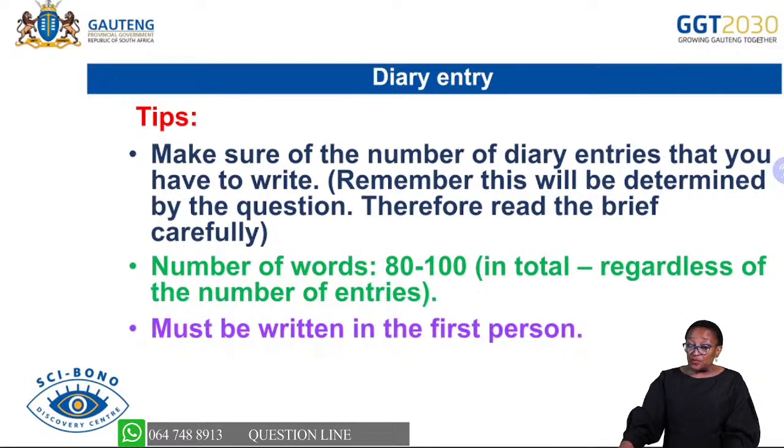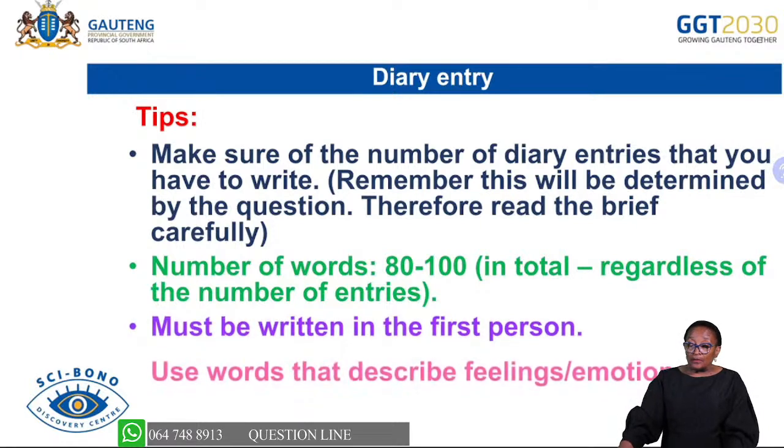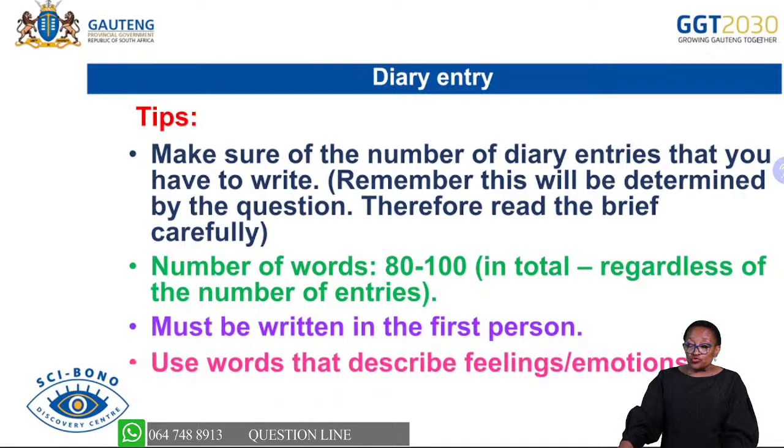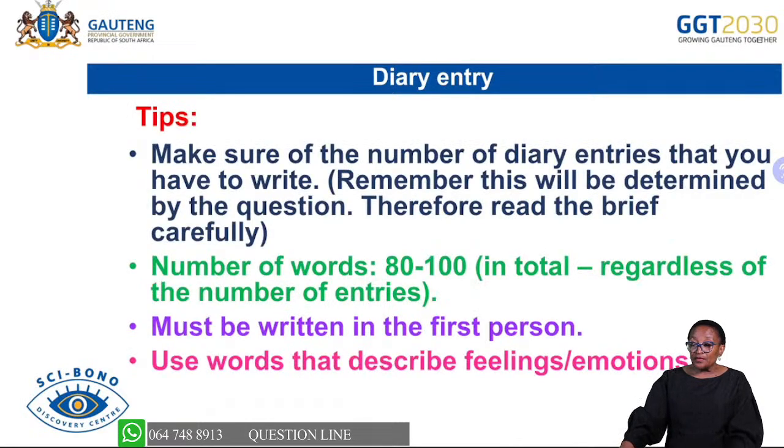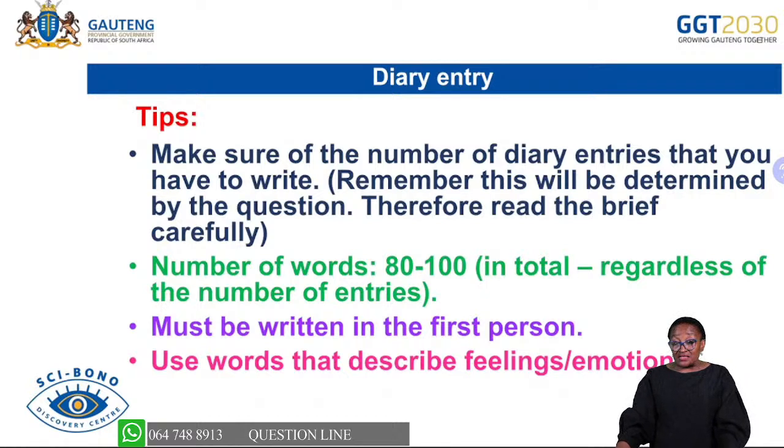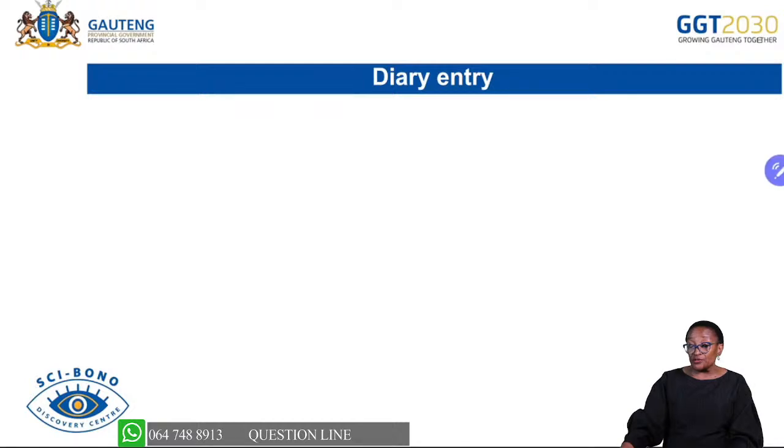It must be written in the first person, and you've got to use words that describe feelings, words that describe emotions. Make sure of the number of diary entries that you have to write. That is what I have just said. And the total number of words, it has to be done in the first person, and you've got to describe feelings and emotions.